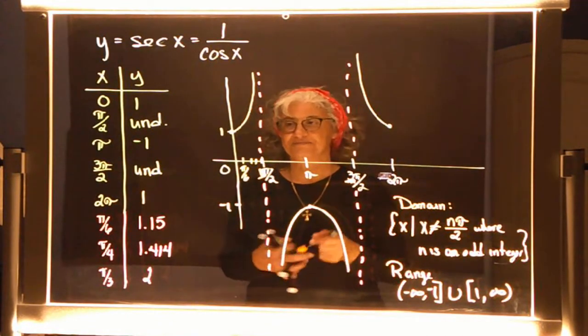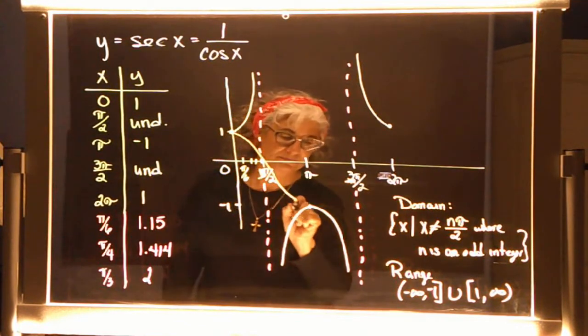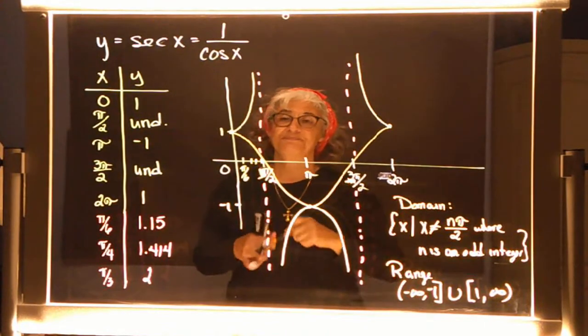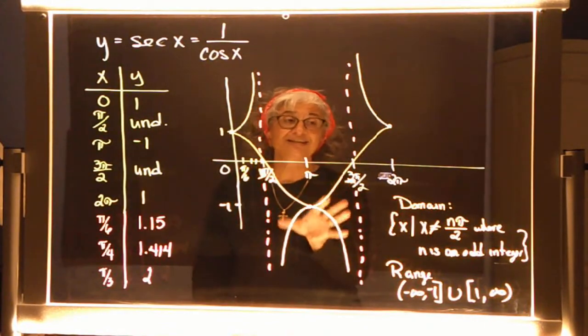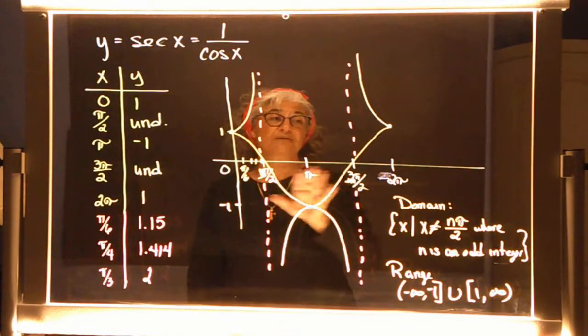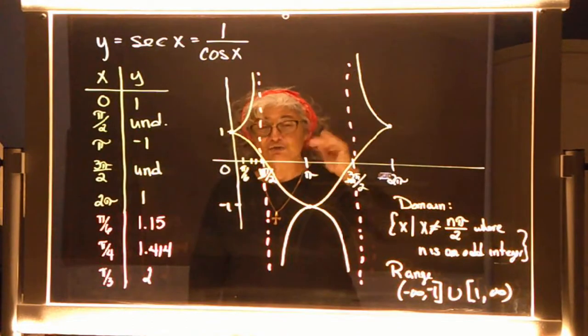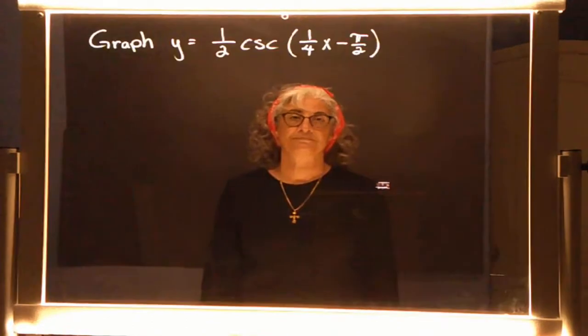It's a valley. Watch this. See it? There's the valley. And the secant graph picks up where the cosine graph leaves off, just like the cosecant graph picked up where the sine graph left off.